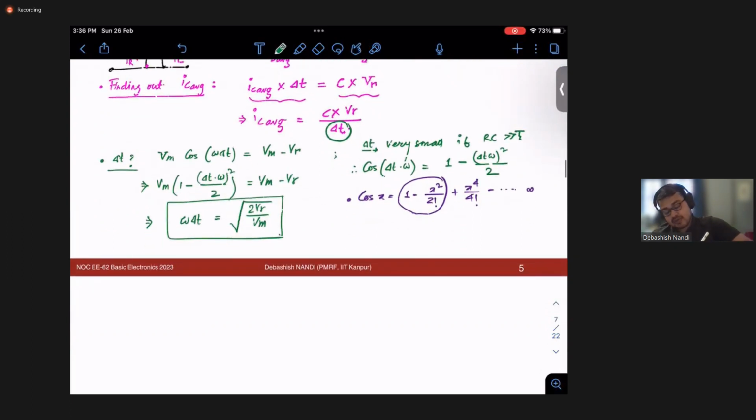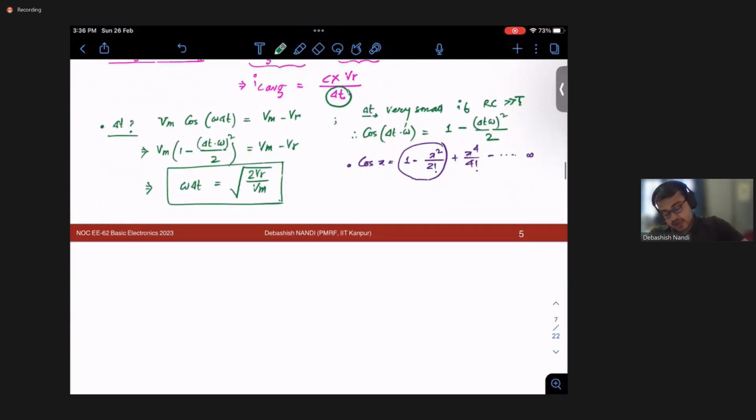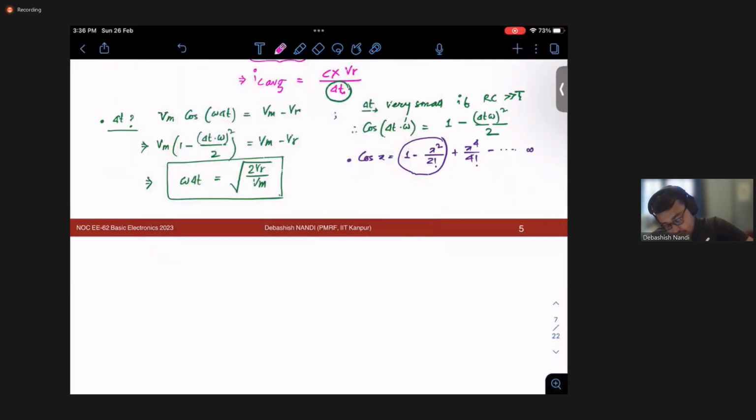So from here we can substitute to find out IC average. Your IC average is nothing but C into VR by delta T. That means root over Vm by 2VR into omega, times C into VR.